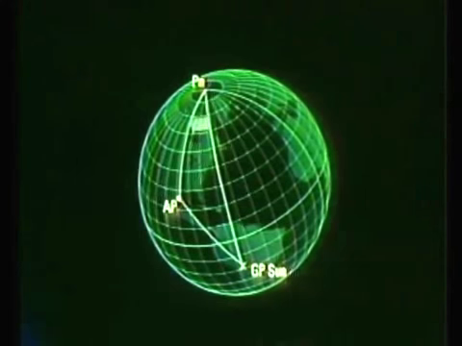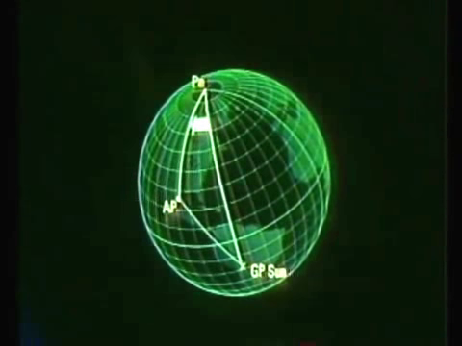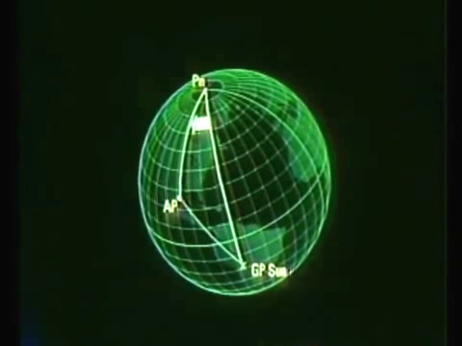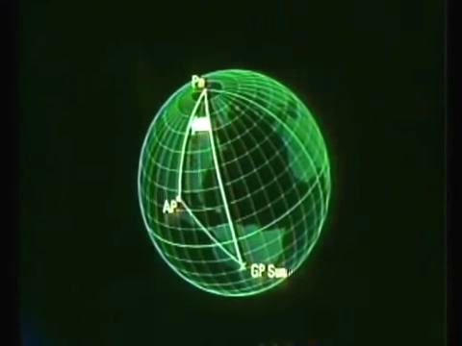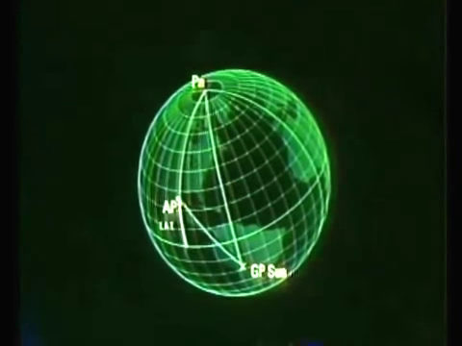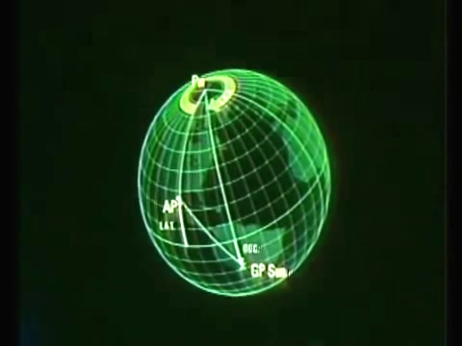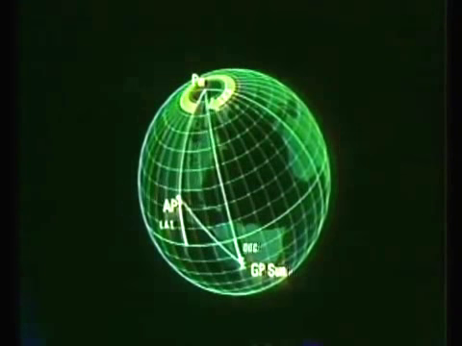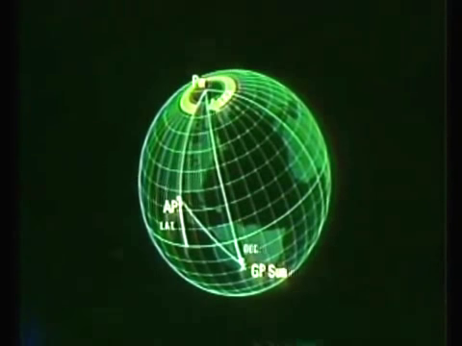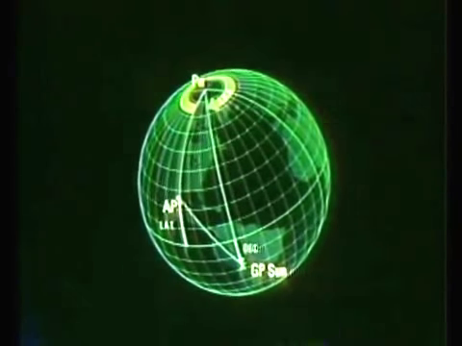In theory, if you know two sides and the included angle, you can compute the other side and angles. The mathematics are done for you. All you need to know is the latitude of your assumed position, the declination of the observed celestial body, and the local hour angle of the celestial body.